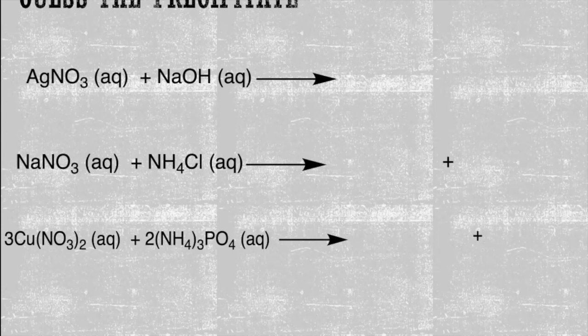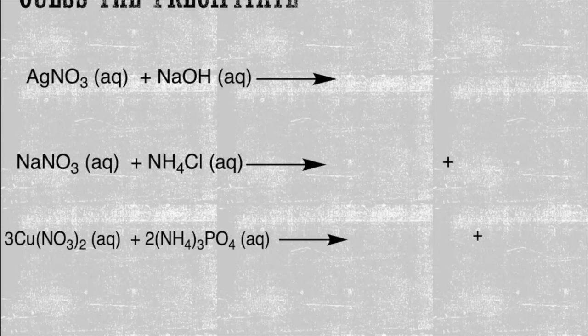Silver nitrate falls into the group of nitrates where all nitrates are soluble. If we switch them, we undergo a double replacement reaction. That means silver and sodium will switch, so our products will be sodium nitrate and silver hydroxide.